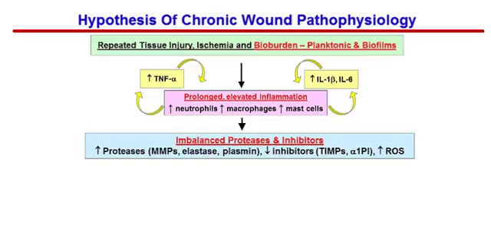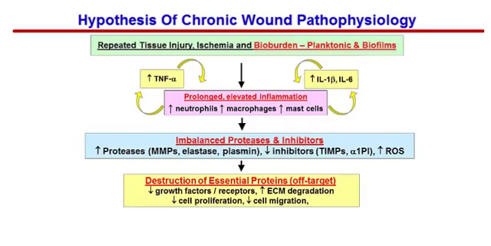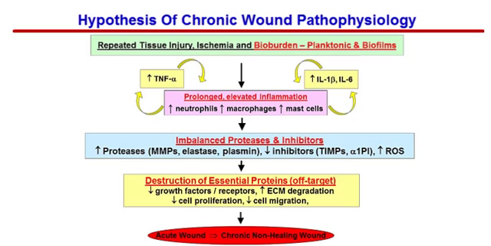And those proteases are not perfect. They have what biochemists call off-target effects. And unfortunately, they will begin to degrade other targets such as growth factors and their receptors, extracellular matrix proteins, and so forth. And that results in impaired cell proliferation and migration, which you see clinically manifested as an acute wound that has moved into a chronic wound phase.